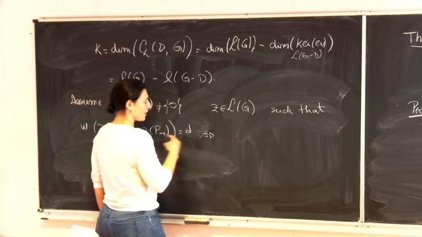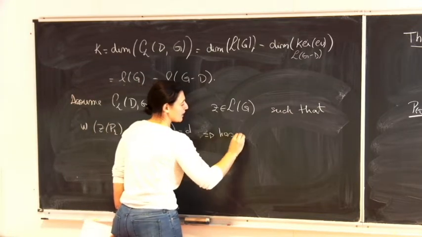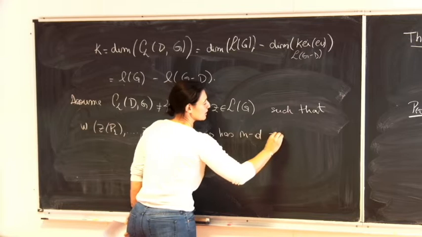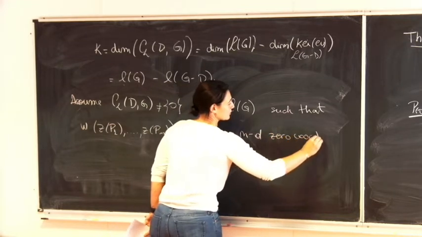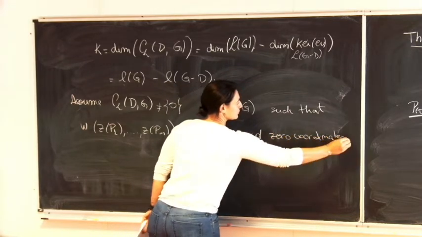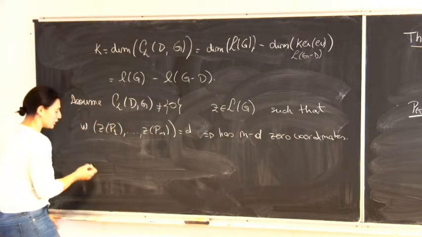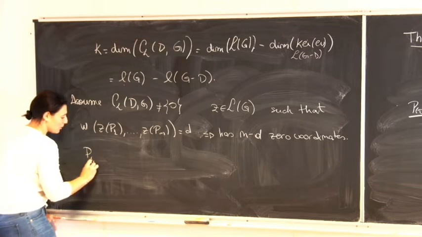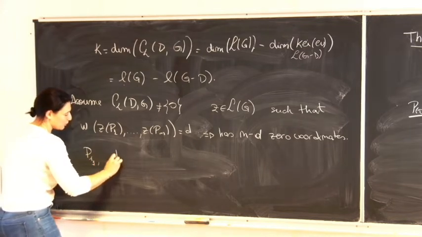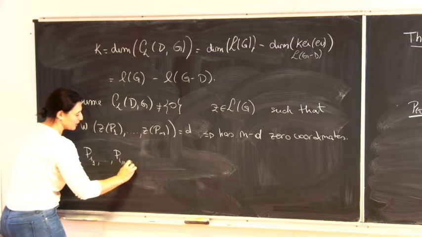So this word has n minus D 0 coordinates. And so let's assume that the 0 coordinates are on the places P1 to P n minus D.